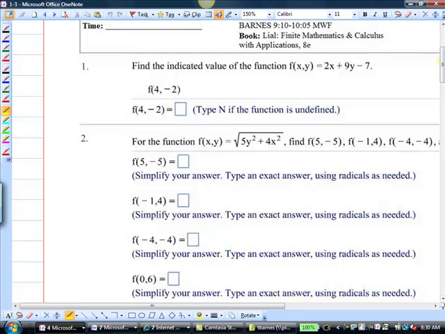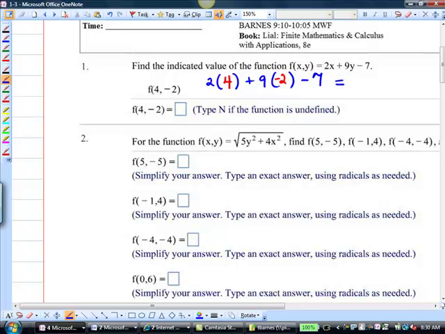All right, number 1 says find the value of the function f of x, y equals 2x plus 9y minus 7. Find f of 4, negative 2. So all you're going to do is 2 times something plus 9 times something minus 7. And we're plugging in 4 for the x and negative 2 for the y.